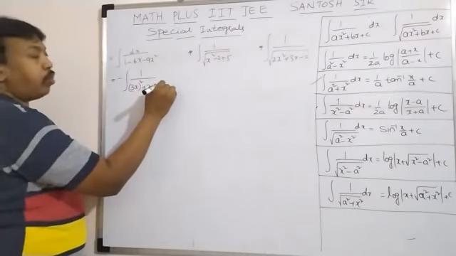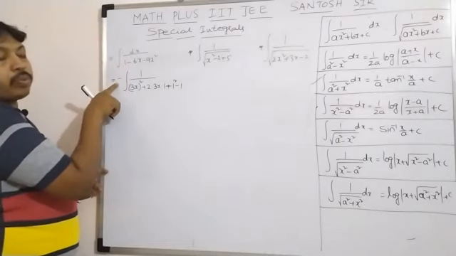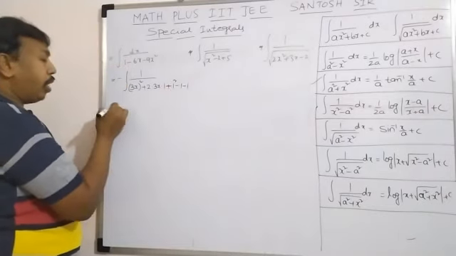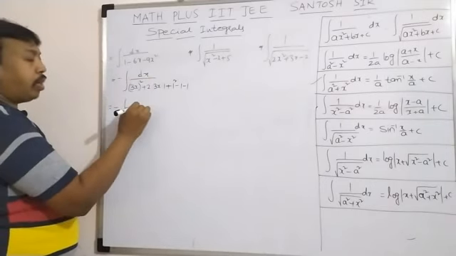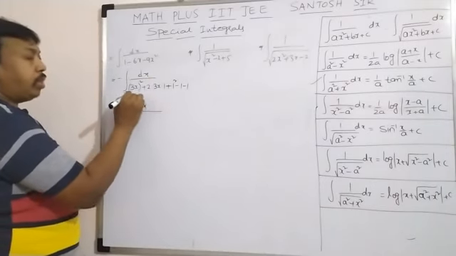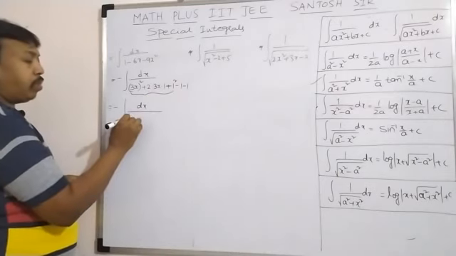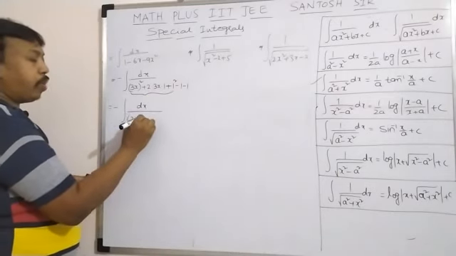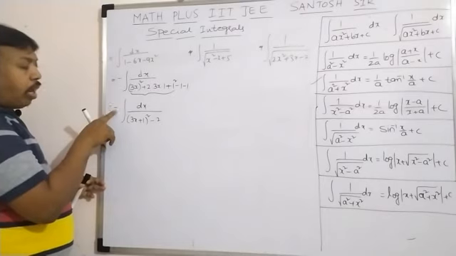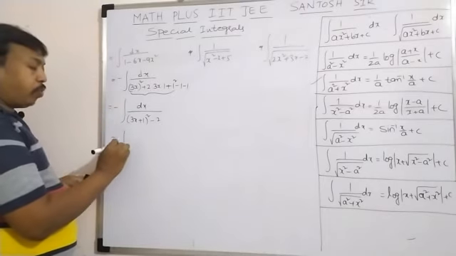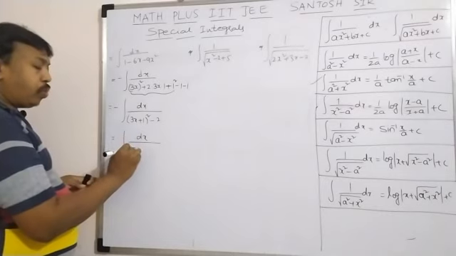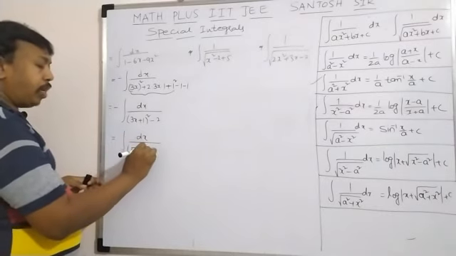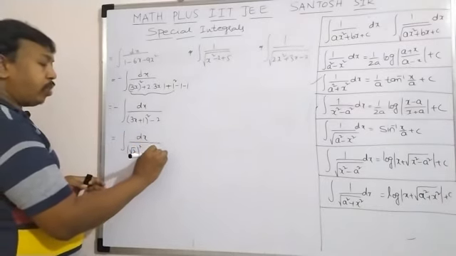If I add 1, we need to subtract 1 also. Already 1 is there, we have taken minus 1 common, so you get one more minus. So this entire function becomes dx upon 3x plus 1 whole square minus 2. Now I am multiplying by this minus, so what will I get? dx upon 2, I am writing as root 2 whole square minus 3x plus 1 whole square.